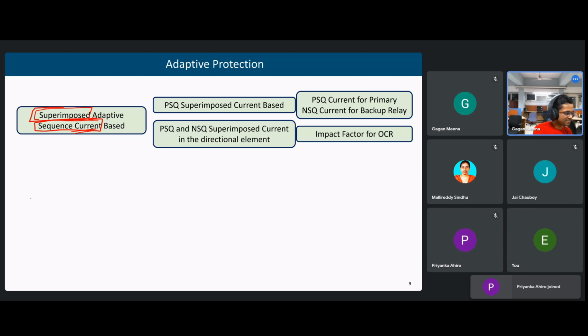In the previous week, we discussed techniques based on both voltage and current. The conventional directional relay is based upon both. Voltage is taken as the polarizing quantity and current is taken as the operating quantity.